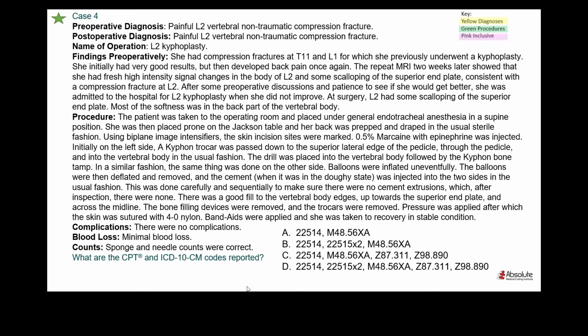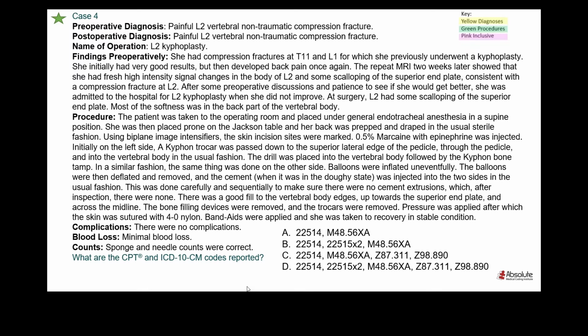She initially had very good results, but then developed back pain once again. The repeat MRI 2 weeks later showed that she had fresh high intensity signal changes in the body of L2 and some scalloping of the superior end plates, consistent with a compression fracture at L2.